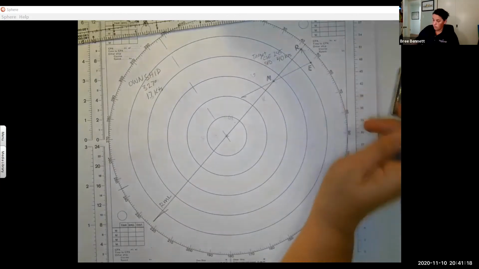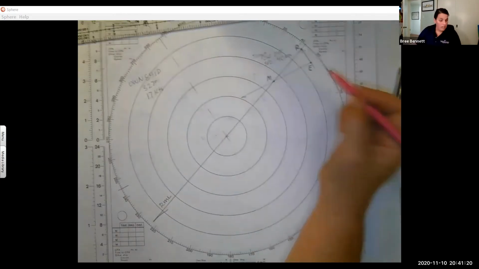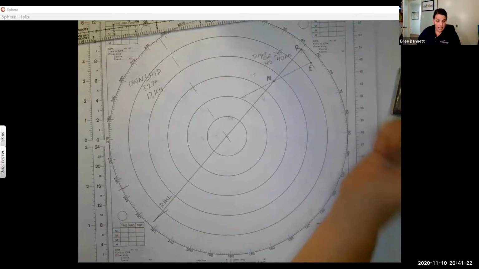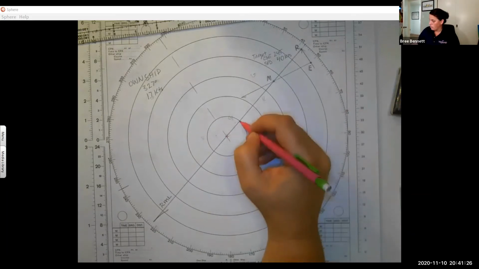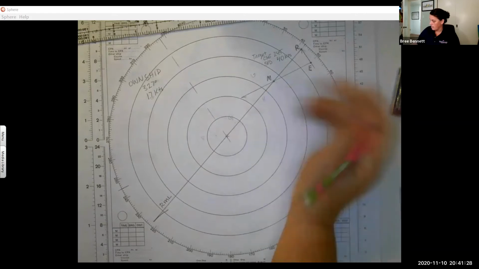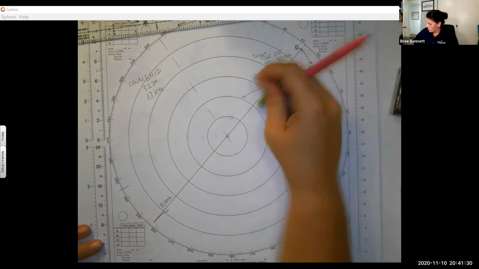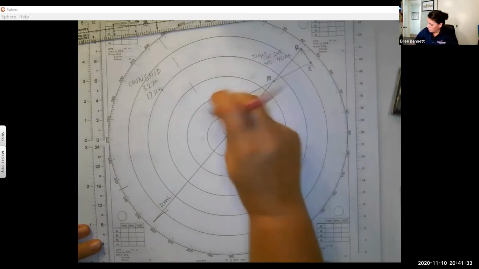Okay, so my MX was 6 miles away. So I have 2, 4, 6. That was my RNG. Clean that up.